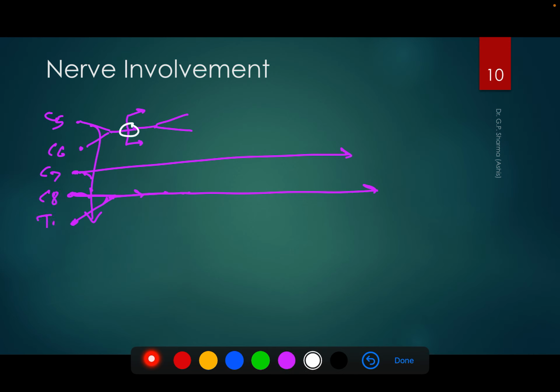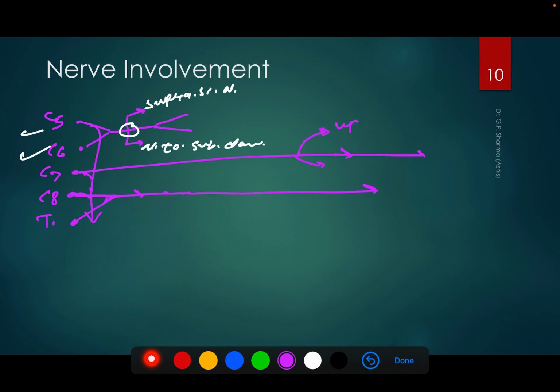If it involves the injury over here, it is involving the C5 and C6 roots. That means it is involving the suprascapular nerve. It is involving the nerve to subclavius, yes or no? And if you remember here, we had two nerves going like this and like this.